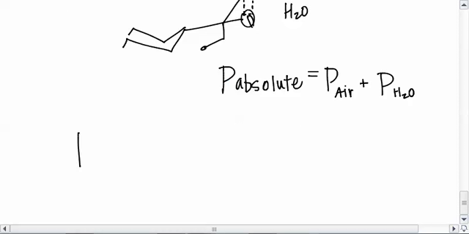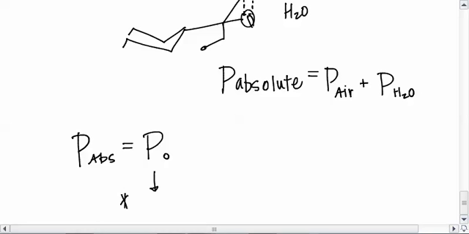Now, most of the time, and I'm going to abbreviate this as P-abs, this air pressure is pretty constant, and we're going to call it P-naught, or the pressure at the beginning.